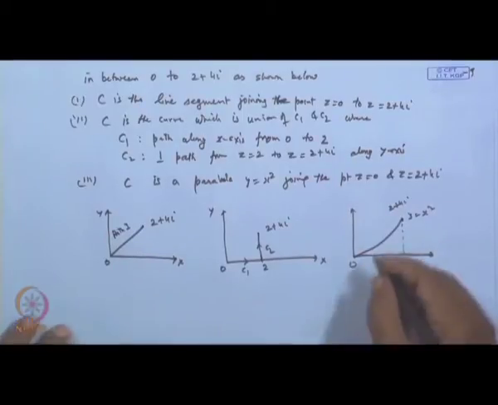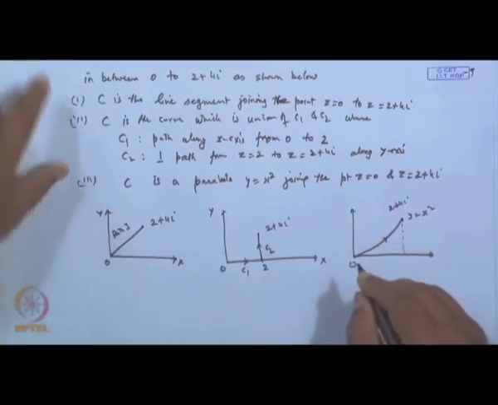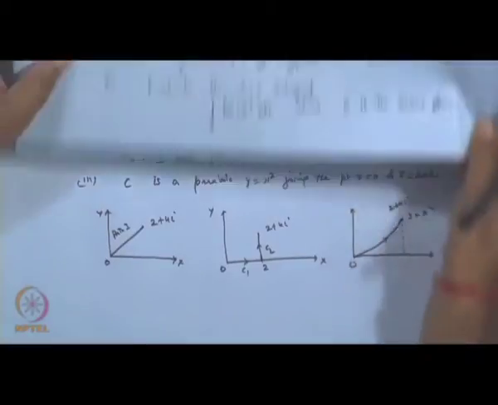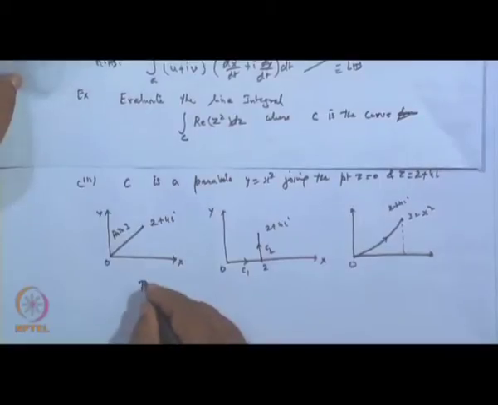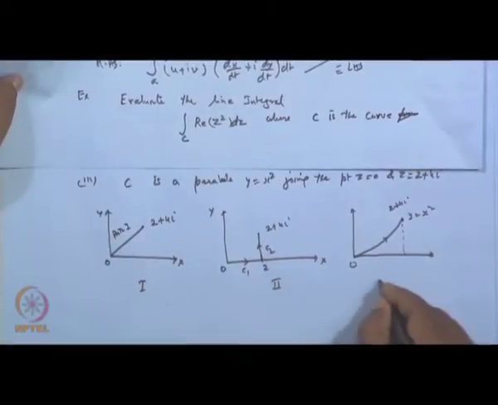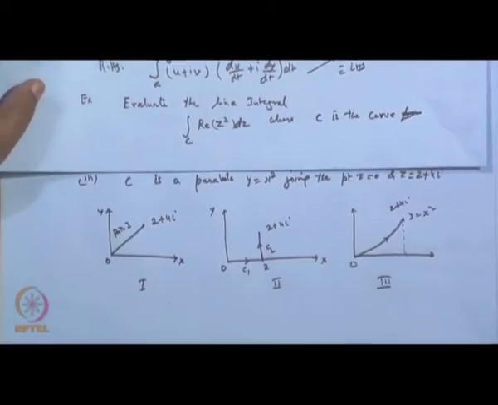So, these are the three paths which we are choosing. We want the value of this line integral along these three various paths: case 1, case 2, case 3.